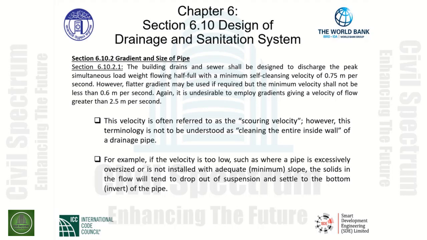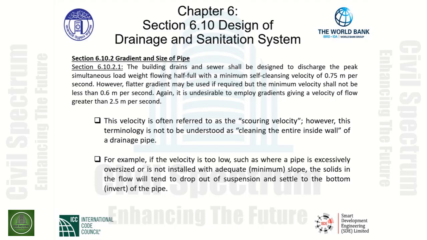Section 6.10.2, Gradient and Size of Pipe. More specifically, Section 6.10.2.1 provides the requirement that building drains and sewers shall be sized to discharge the peak simultaneous load while flowing half full, with a minimum self-cleansing velocity of 0.75 meter per second.